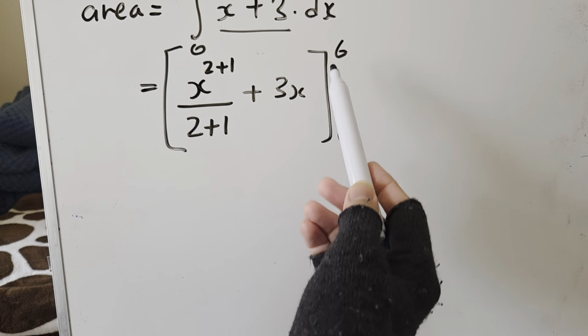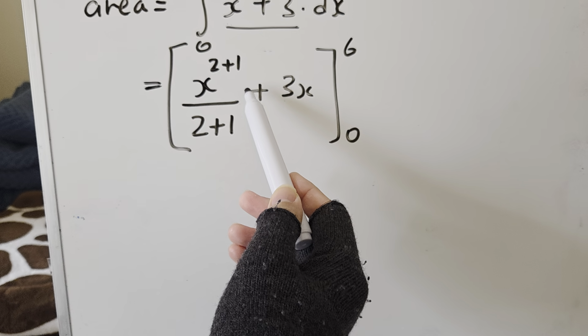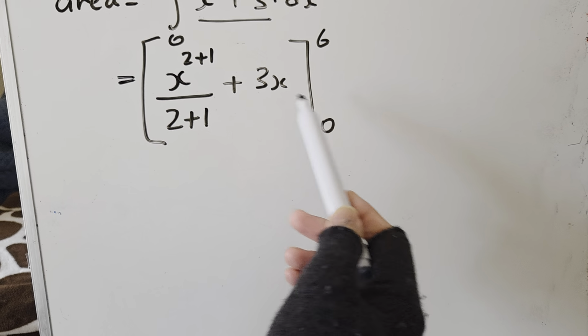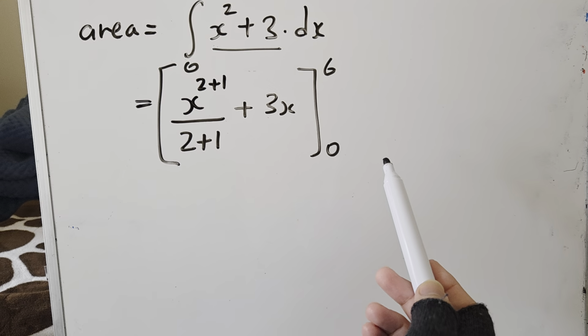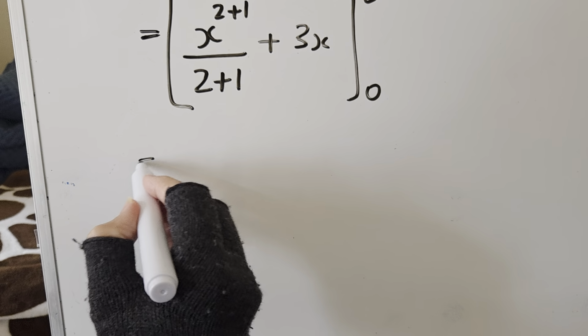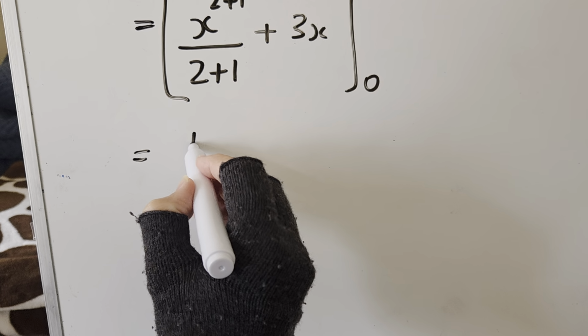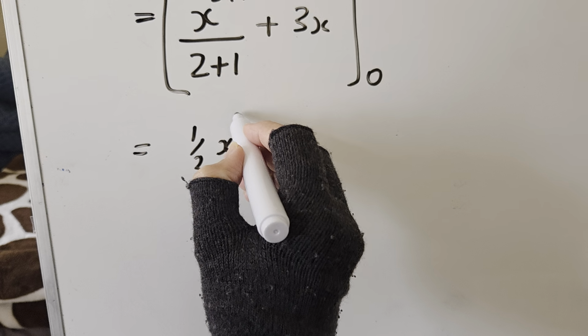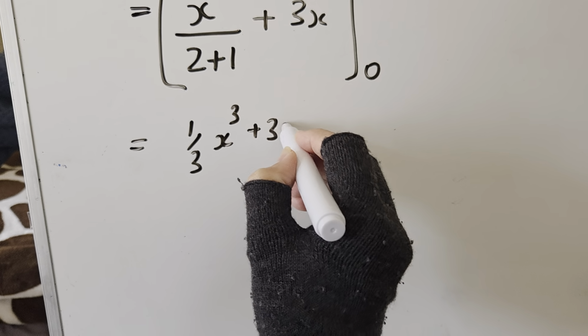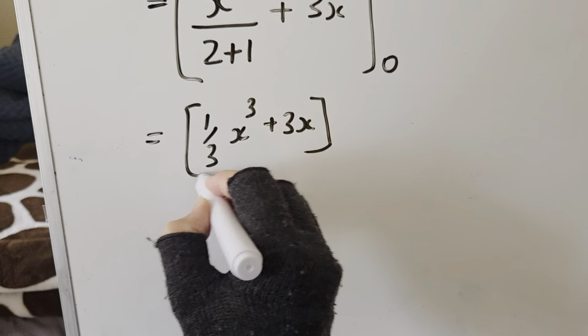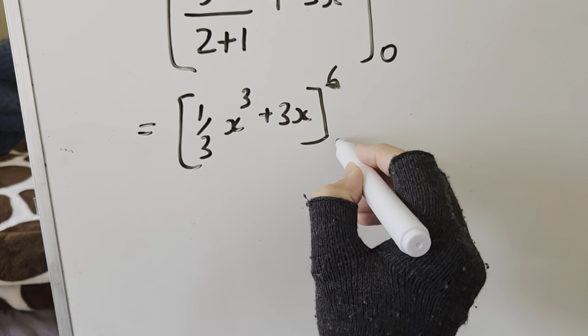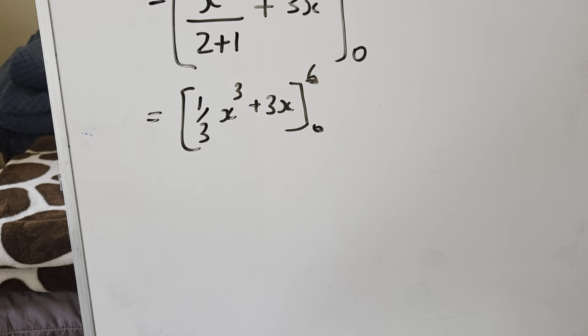What it means is, in this expression, substitute 6 and substitute 0 and then subtract the two values, upper limit minus the lower limit. So what we get over here is 1/3 x to the power of 3 plus 3x, upper limit 6, lower limit 0.